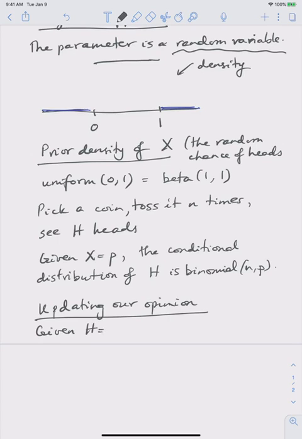Given that there were K heads, what is the density of this random probability X?